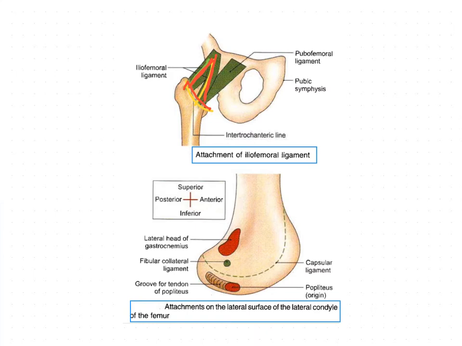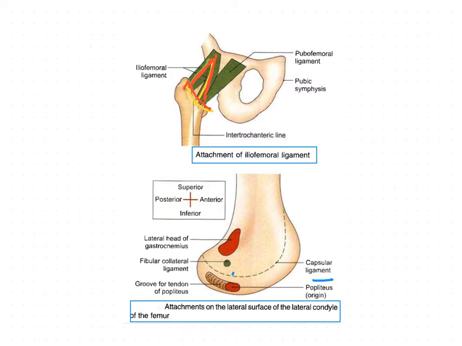Now we will move on to the lower end, on the lateral aspect. The muscles attached are the lateral head of the gastrocnemius muscle, and also the fibular collateral ligament. Again we can find the capsular ligament of the knee joint, and here a groove for the tendon of popliteus, that is the popliteus muscle, is getting attached on the lateral aspect, that is the lateral condyle.